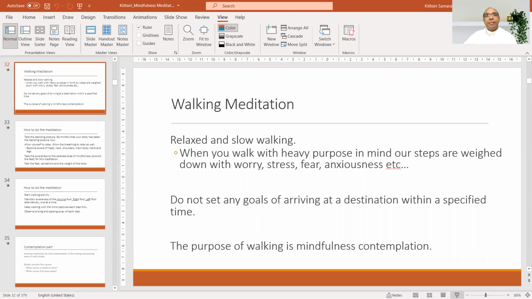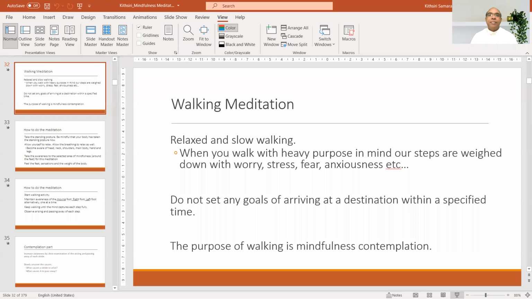Then we need to add a contemplation part to this, which means extra thought on top of mindfulness. To do that, let the awareness increase by close examination of arising and passing away of each stride.